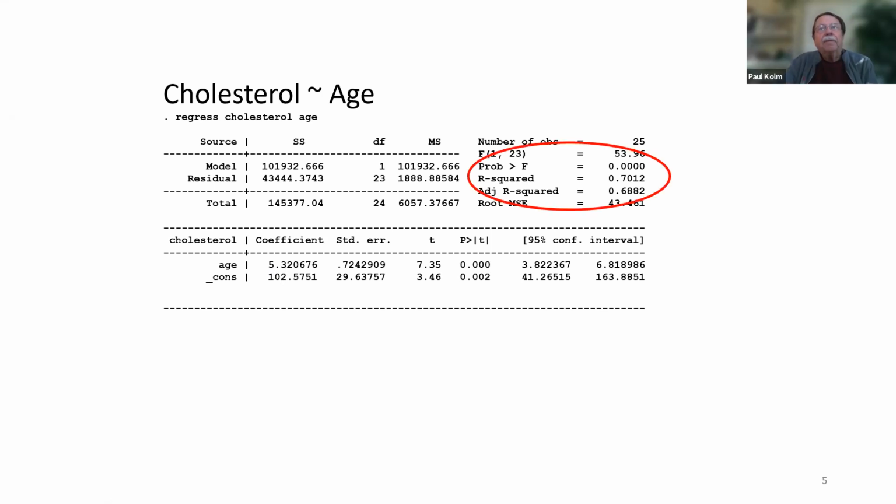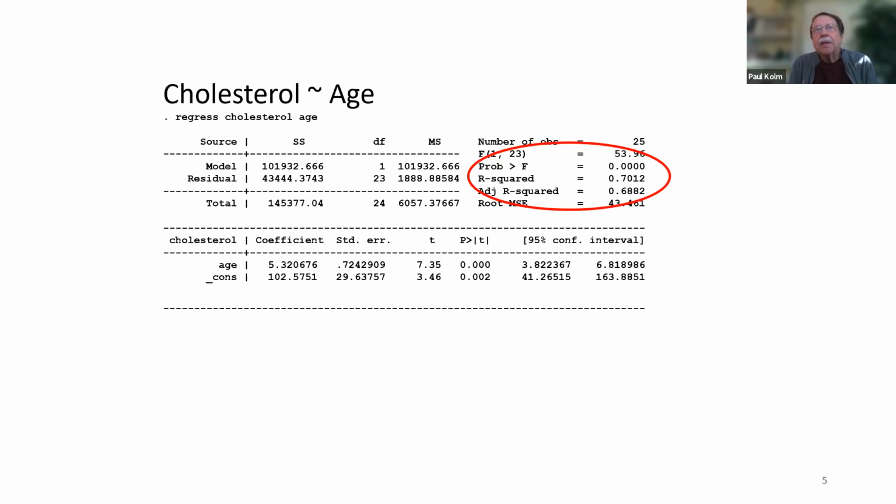And then we also have some important information here that tells us the overall statistical analysis in terms of a p-value. And then the R squared or adjusted R squared. Adjusted R squared is just adjusting for the number of subjects or patients in the model.